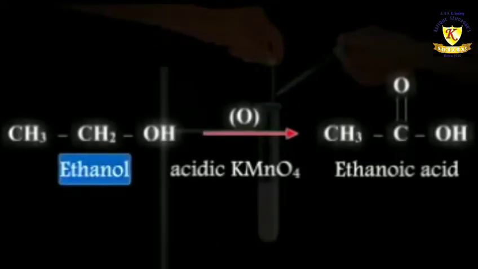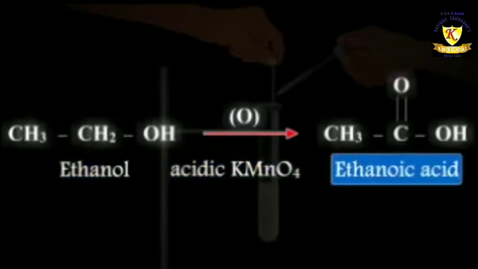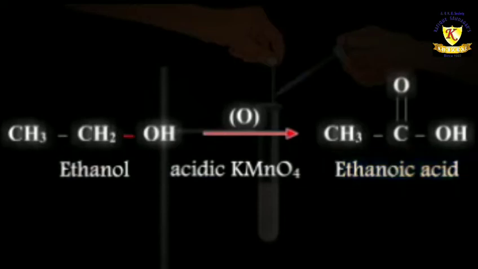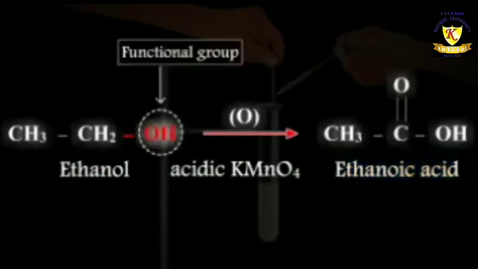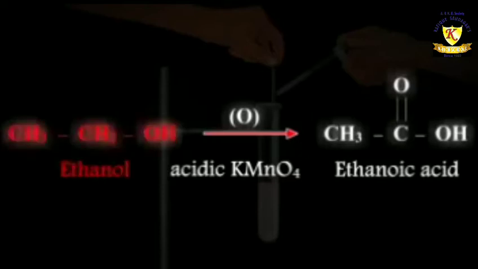In the above activity, ethanol gets oxidized by acidic potassium permanganate to form ethanoic acid. Only certain bonds in the vicinity of the functional group take part in this reaction. The following equation will explain this.